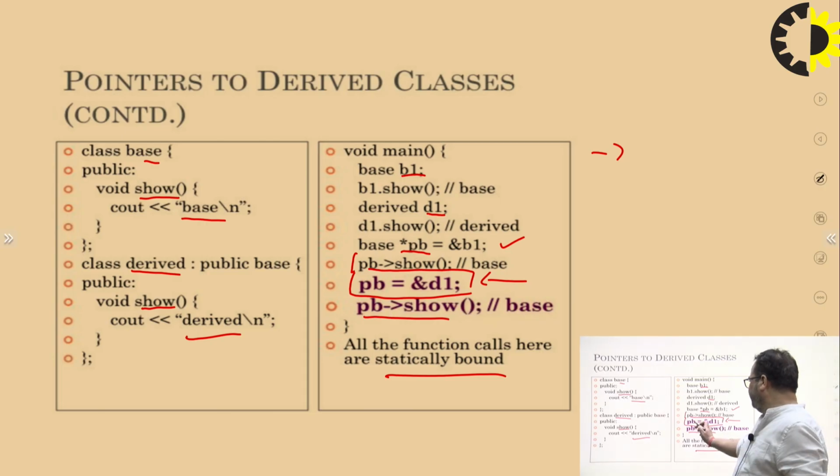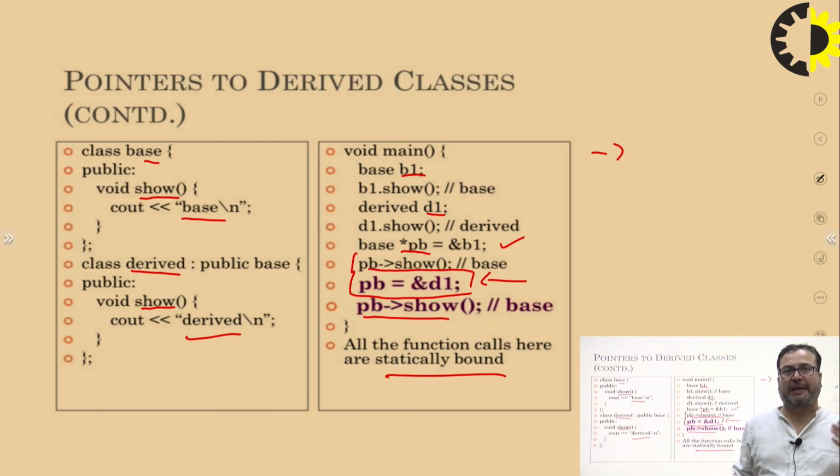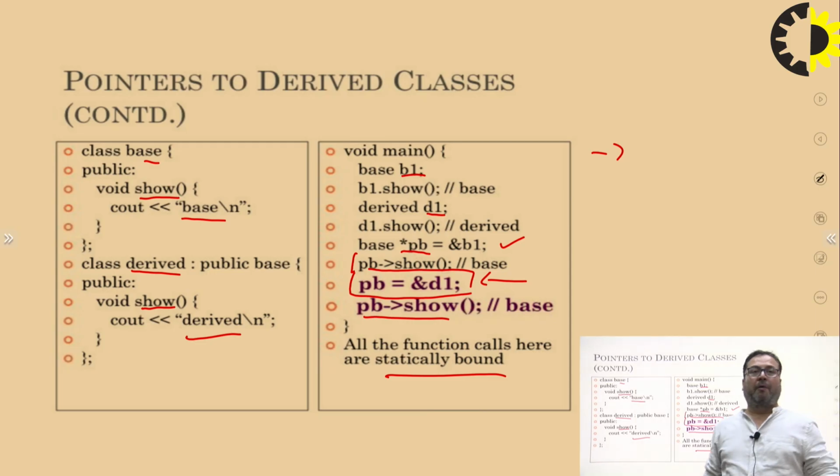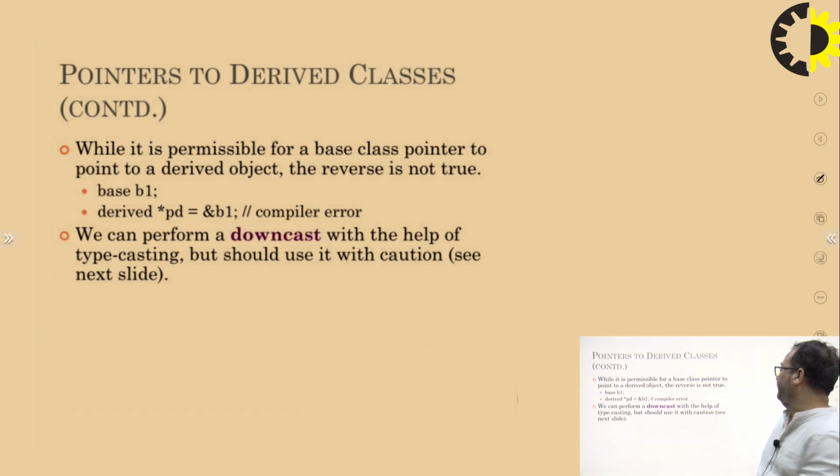Although it is pointing to the object of the derived class, the function which is exclusively in the derived class will not be invoked. It is just going to invoke the function which is inherited from the base class. How the function in the derived class could be invoked, that we will see.